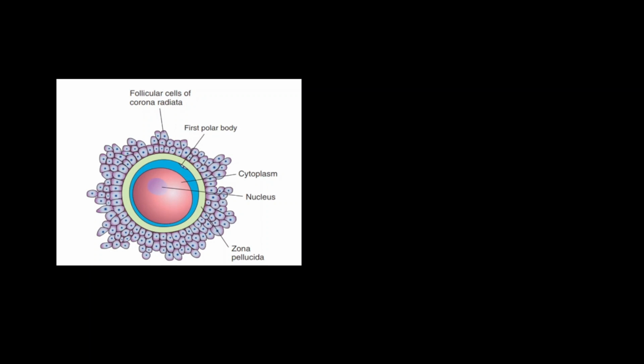And then we have the corona radiata, which is a multiple layer of cells. Also, we can see here that we only have the first polar body. It's important to note that the second polar body is formed only when fertilization takes place.